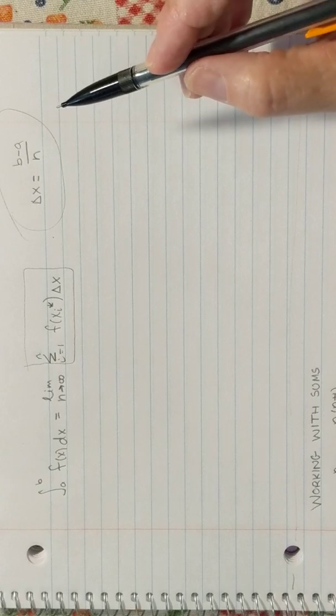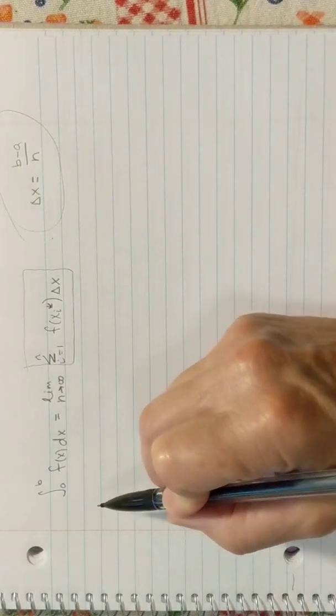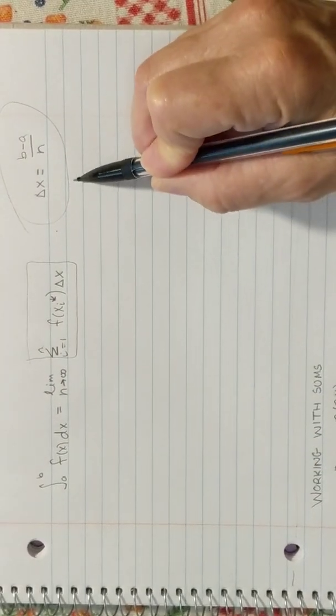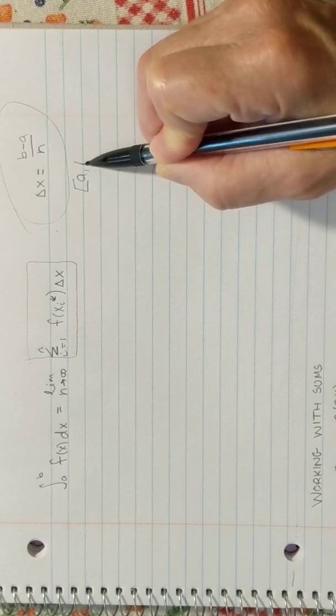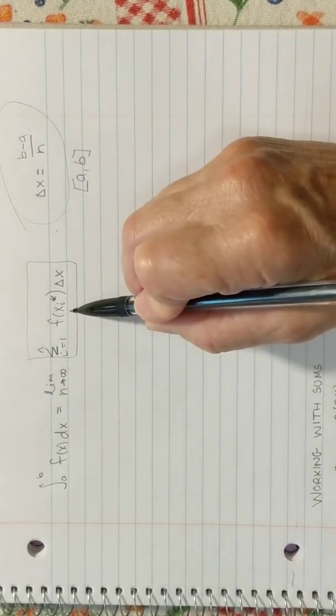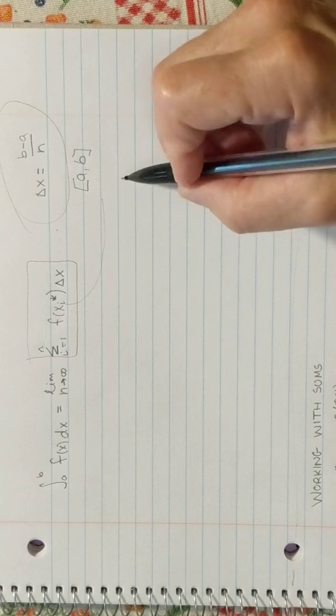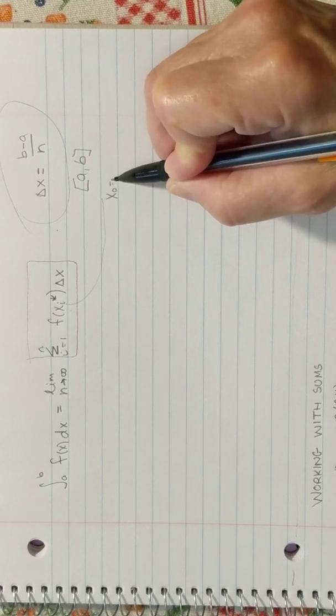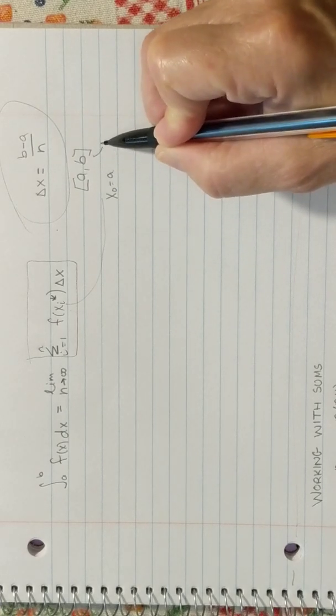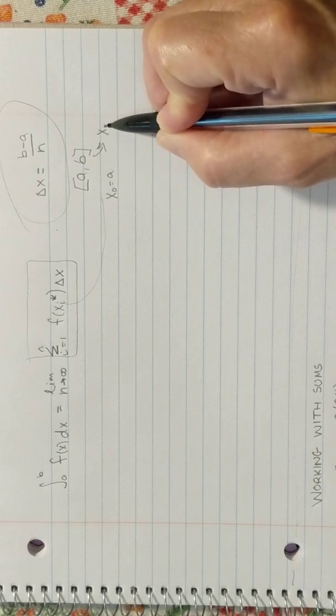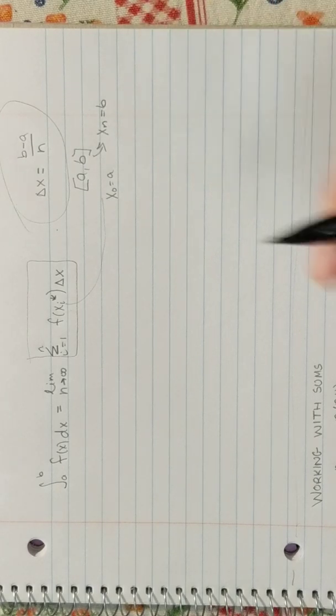N is the number of subintervals. So if we're doing this, it means we're going from a to b. In the sum, x sub 0 is where a is, and b is what x sub n is. All right.